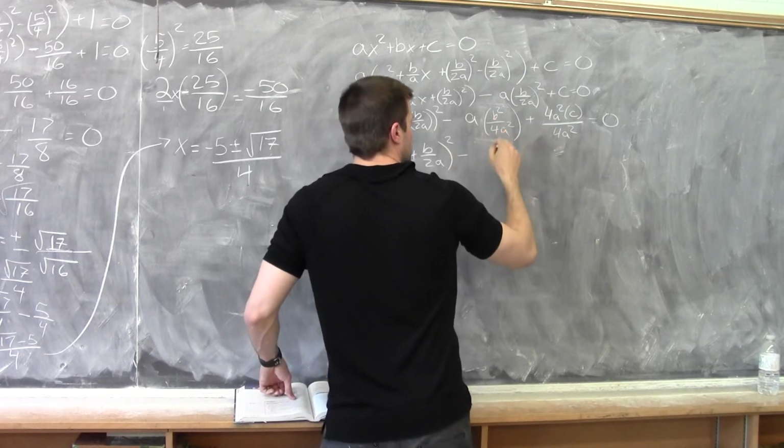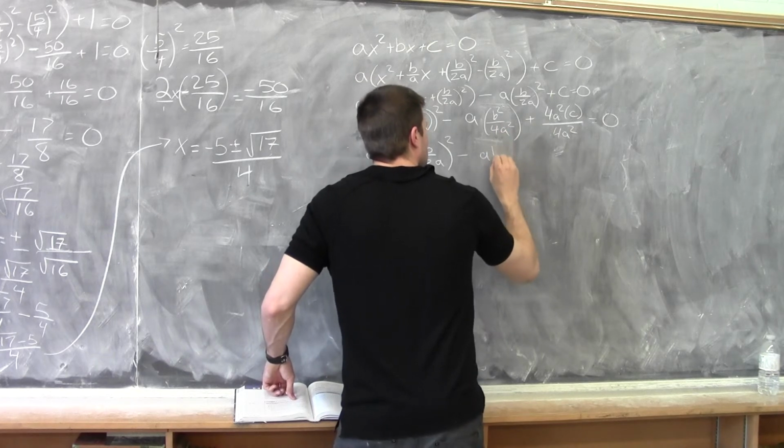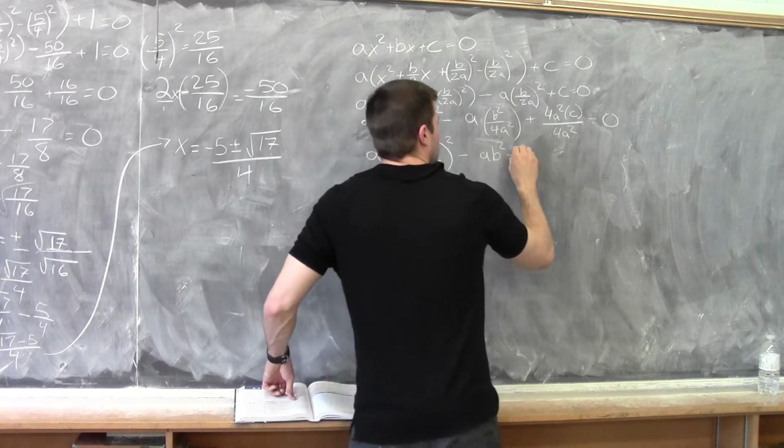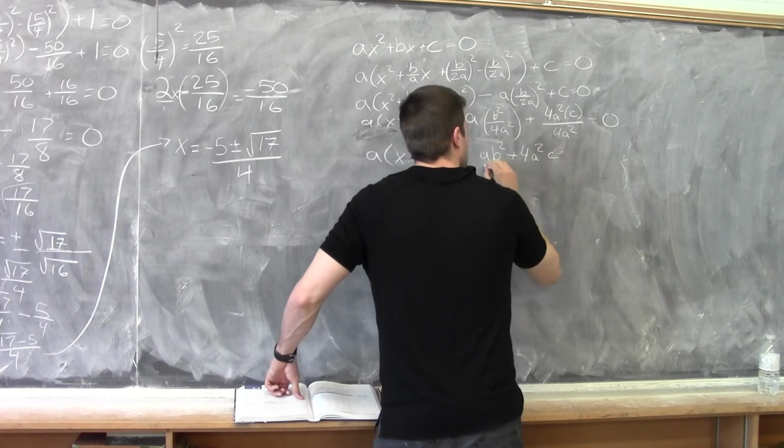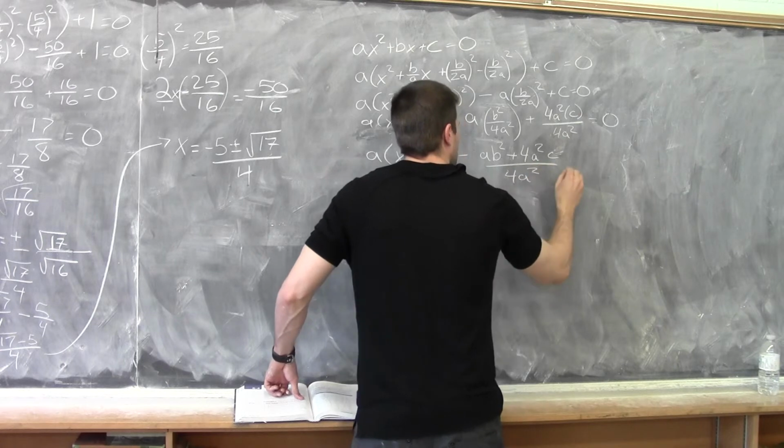Now these two terms can combine, so I'm going to have b squared plus 4a squared c over 4a squared.